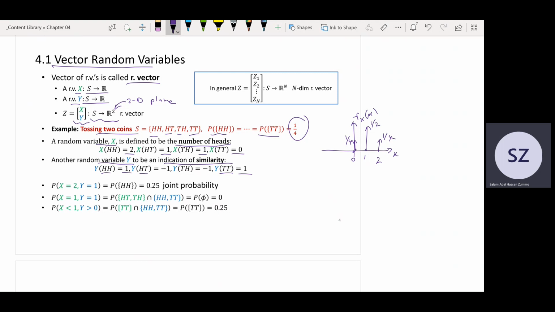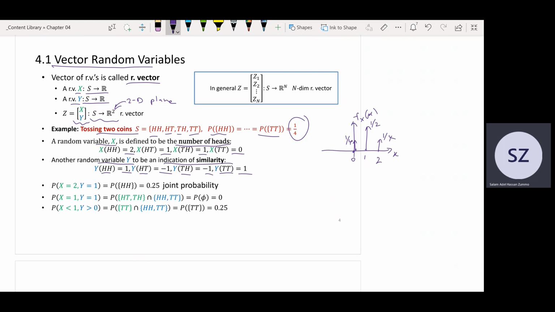However, if I have different outcomes, head-tail or tail-head, I give it -1. So clearly y is different from x. The first one gave me how many heads; the second tells me whether the two outcomes are similar or different.